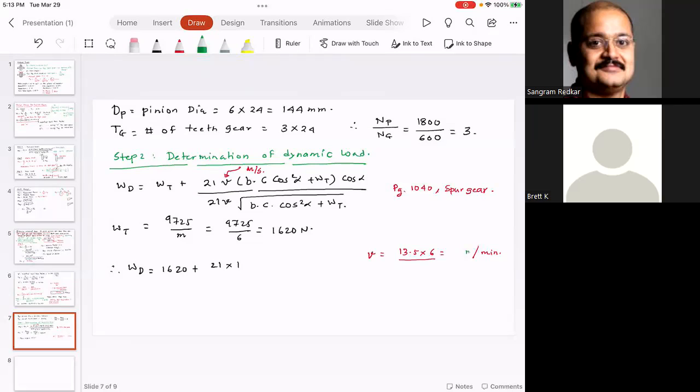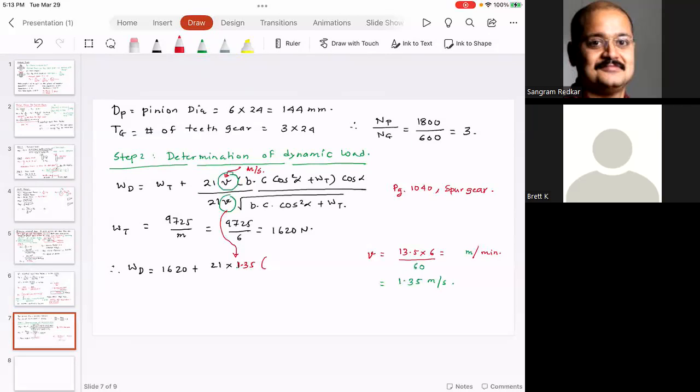Meters per minute. This needs to be divided by 60 to get meters per second. So please, I want you to make this correction or make this change. Make sure that you use the appropriate values of velocity.